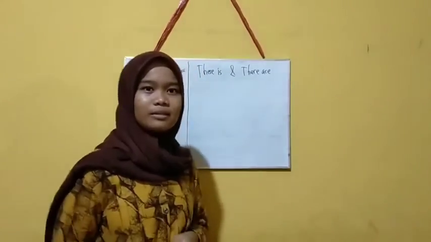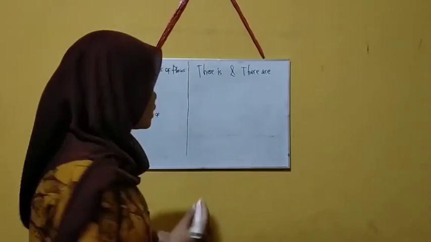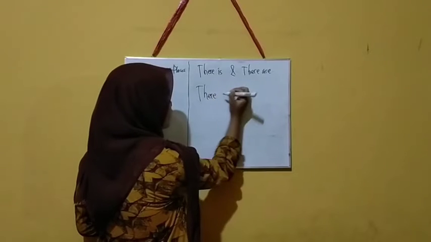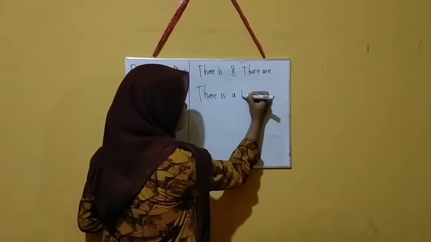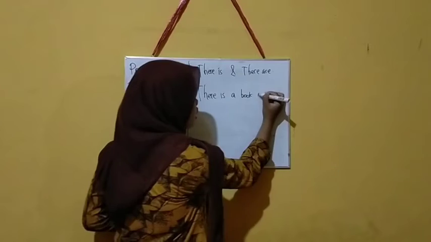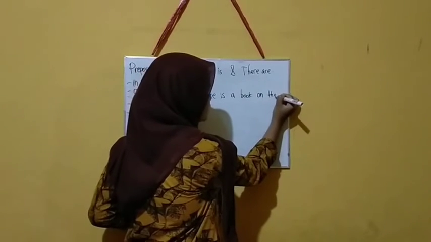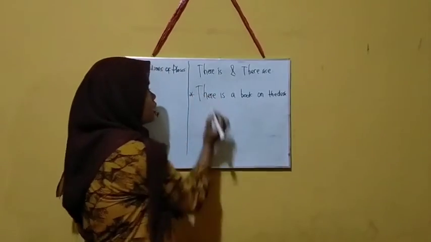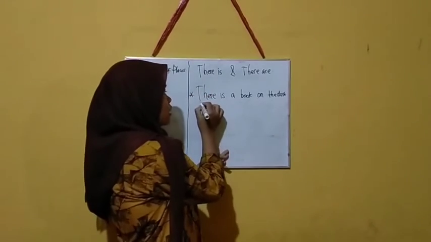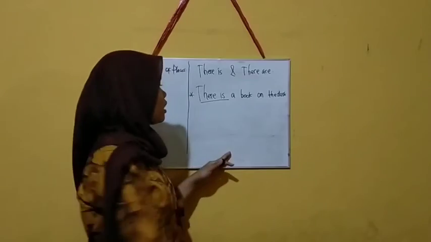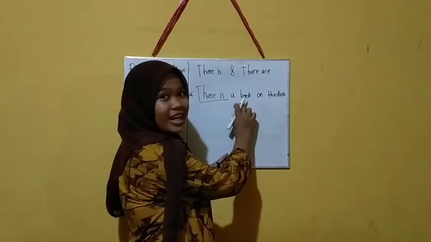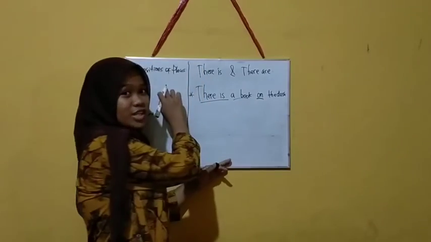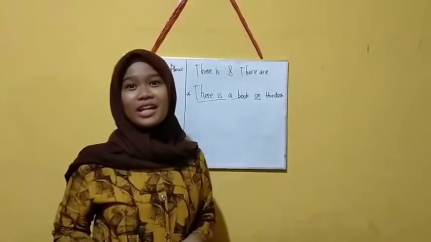The example is: there is a book on the desk. In this example, we are using there is with singular noun, and on is a preposition of place. Okay, do you get it?